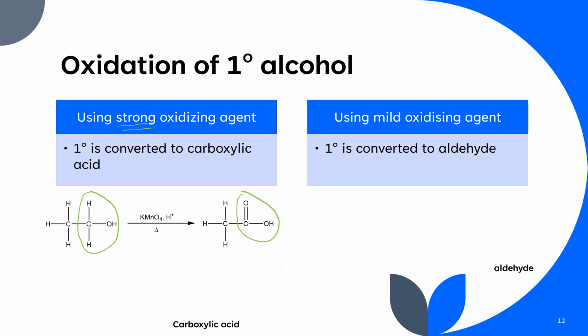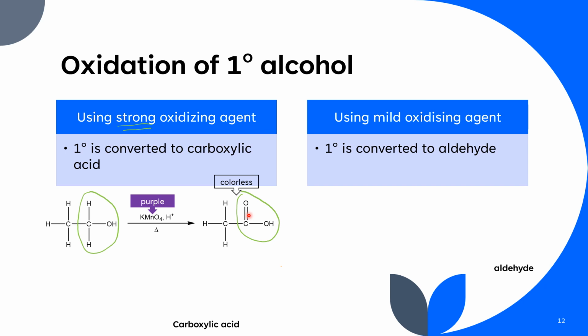Okay, so you can use any strong oxidizing agent, either potassium permanganate or potassium dichromate also can, sodium dichromate is also possible. Okay, so KMnO4 has a colour, which is purple. So when the reaction occurs between potassium permanganate and this primary alcohol to get this carboxylic acid, in the product you will observe a colourless solution.